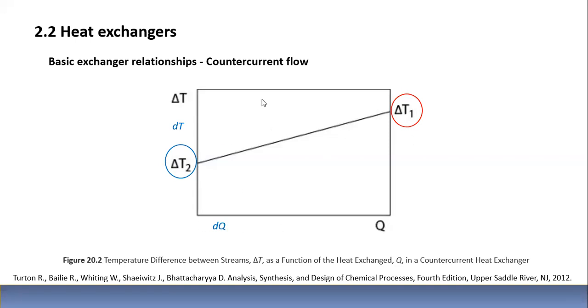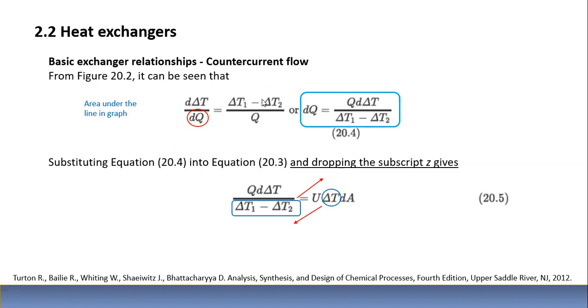So it's just Q. If we move these to the other side, with these two moved to the denominator and Q moved to the numerator, we will have Q d delta T in the numerator, divided by delta T1 minus delta T2. We move these terms around so that we have an expression like expression 20.4.